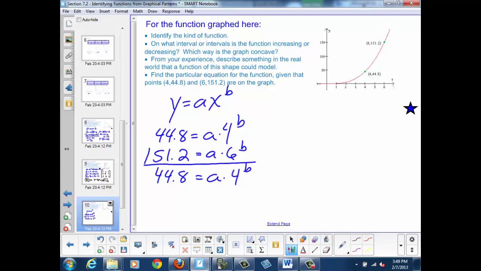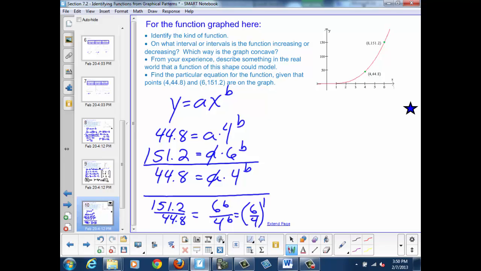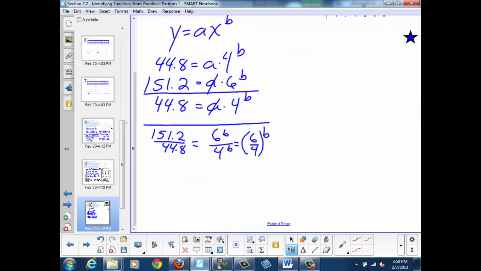If I divide, my answer turns out to be 151.2 over 44.8 is equal to, since my a's cancel out in the division process, 6 to the b over 4 to the b. But that can be written as the quantity 6 over 4, all raised to the power of b.